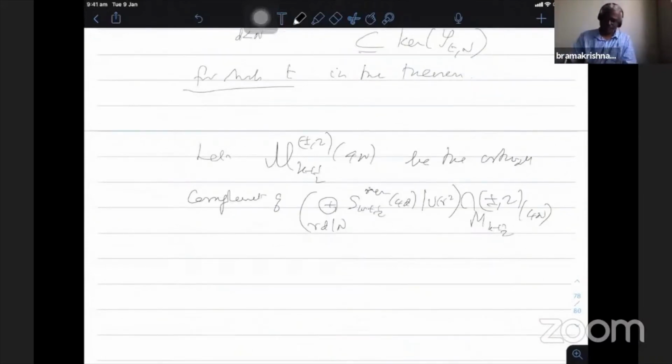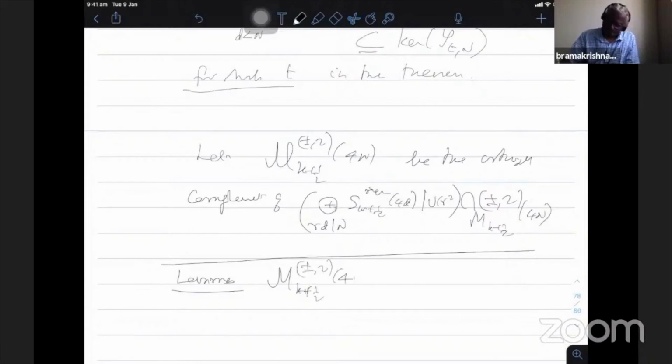So next is the lemma. This lemma gives the explicit description of this map. M_k plus half plus minus 2 4N is nothing but I take the plus space and then 1 plus minus W4.